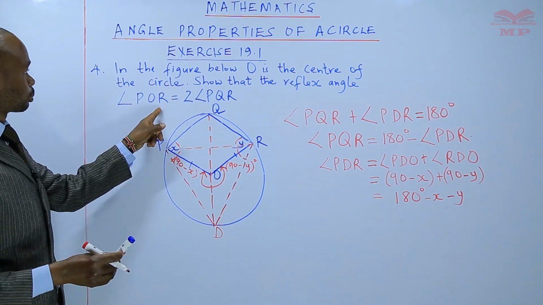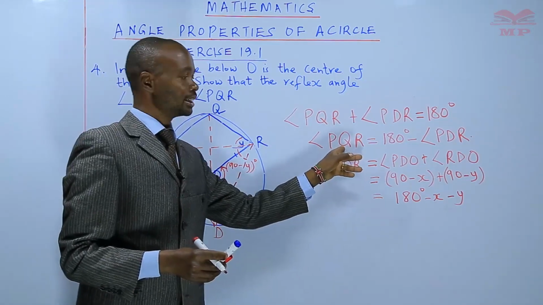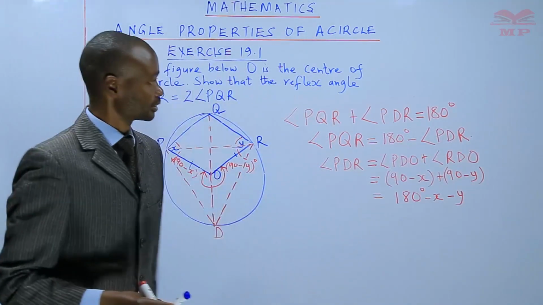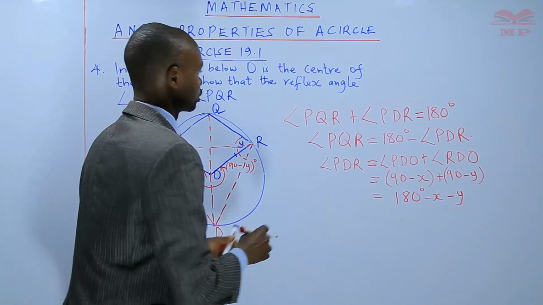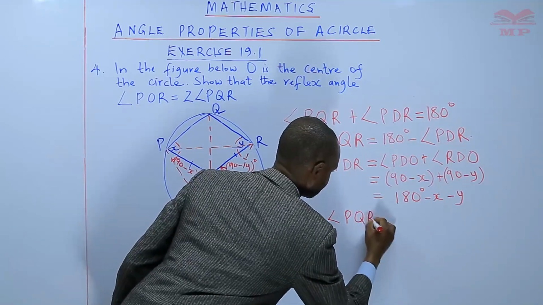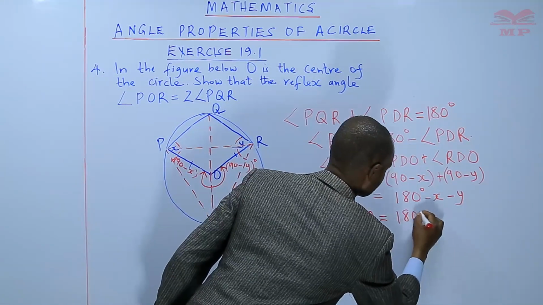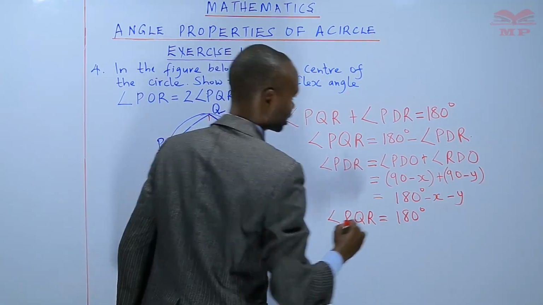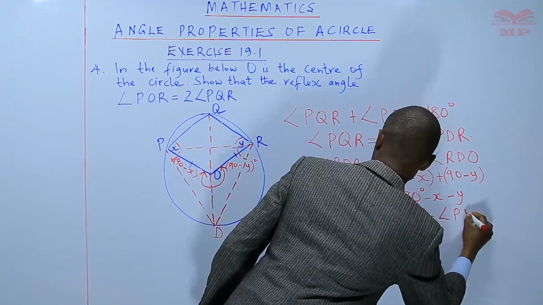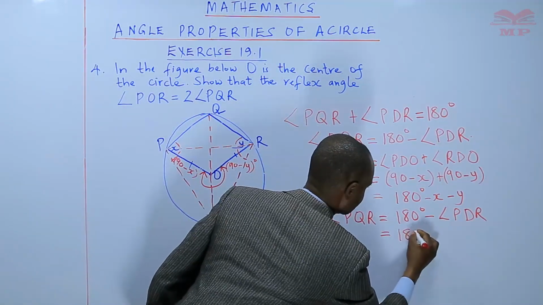And from this one I've already written PQR is equal to 180 subtract angle PDR, isn't it? So this comes to 180 degrees.